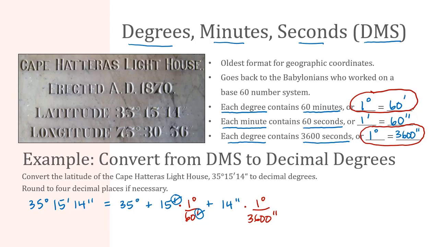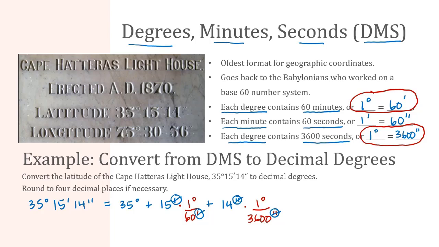And I'm picking this route because the seconds on the top and the seconds on the bottom will cancel. So sometimes you'll see me write, for example, 1 degree on the top in the numerator. Sometimes the 1 degree will be in the bottom in the denominator. It really just depends on what I want to cancel out.